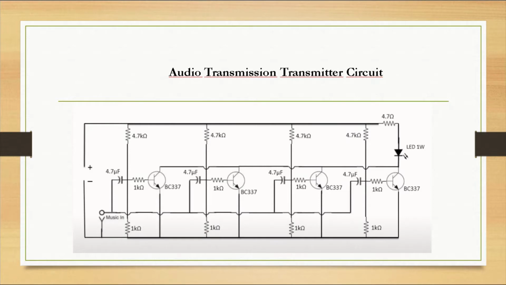Hence, the design of the individual stages of the RC coupled amplifier is similar to that of common emitter amplifiers, in which the 4.7 kΩ and 1 kΩ resistors form the biasing network, while the emitter resistors are a form of stabilization network. In addition, in this circuit, the voltage drop across the collector emitter terminal is chosen to be 50% of the supply voltage, VCC, in order to ensure an appropriate biasing point.